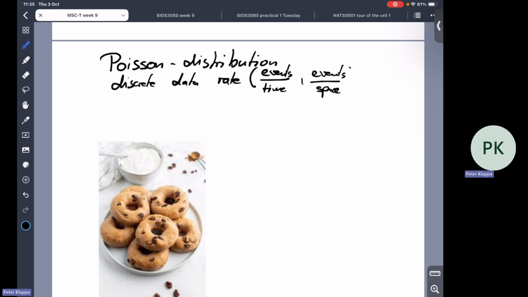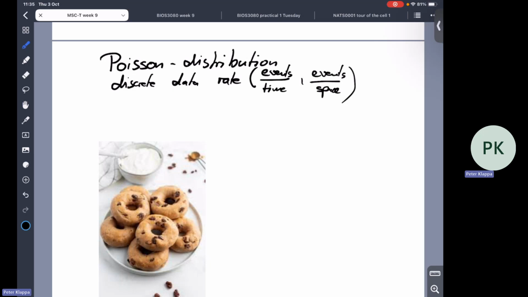These are known as rates. So we might have 5 raisins in a bagel. That would be a rate. We might have 20 raisins in 5 bagels.